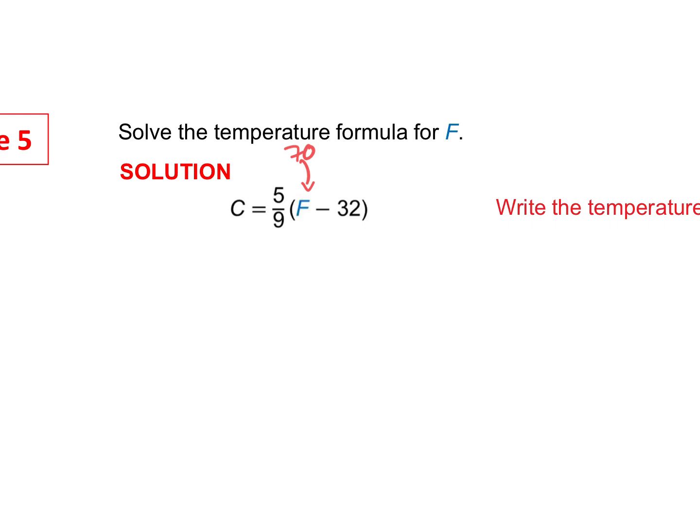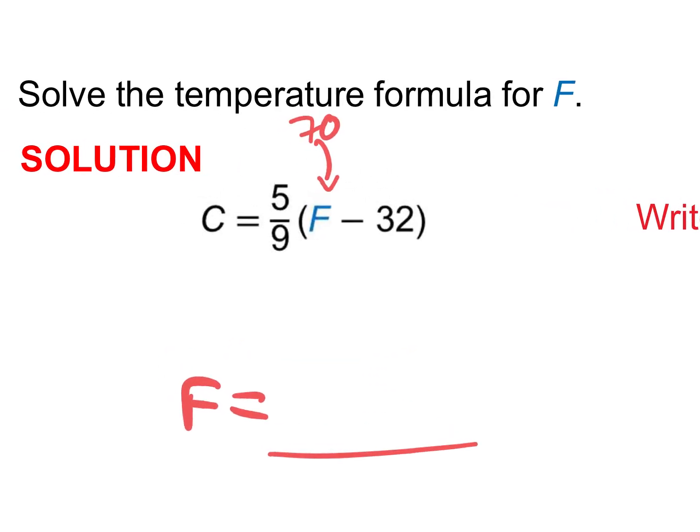But let's say you're traveling, you're in another country, and you want to find the temperature in a way that you can understand it. Maybe you're used to Fahrenheit, but this country uses Celsius. So we want to convert this formula into an equation that has F equals something.